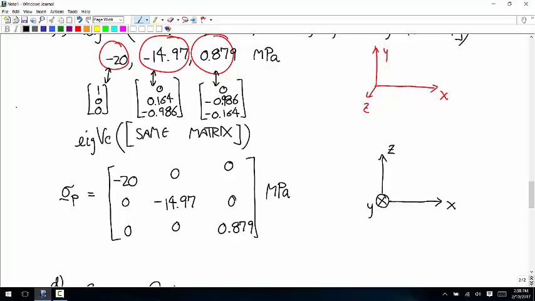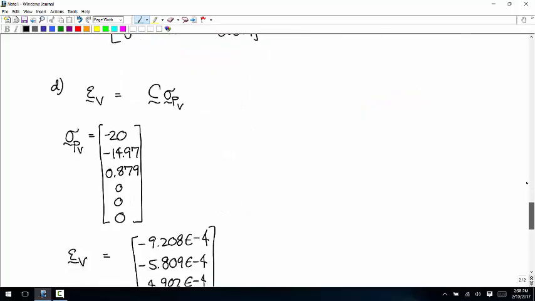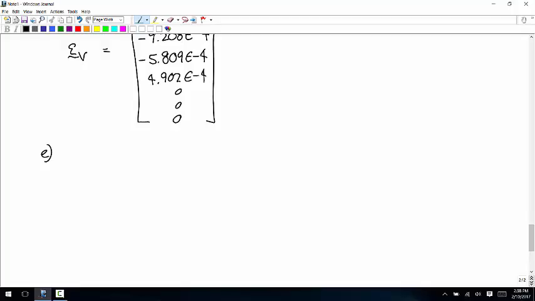And in this coordinate system, negative 14.97 lines up with y, because it's just in the y position. So that middle eigenvalue is in the y position.